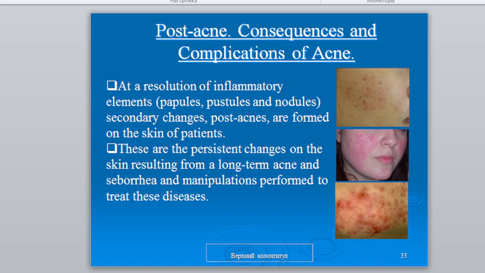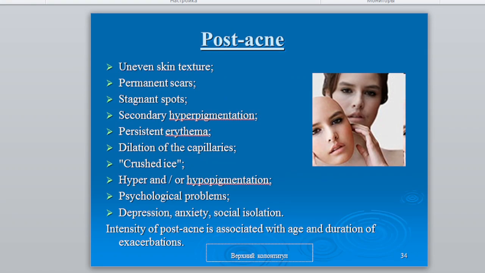Post-acne: uneven skin texture. Permanent scars. Stagnant spots. Secondary hyperpigmentation, persistent erythema. Dilation of the capillaries.